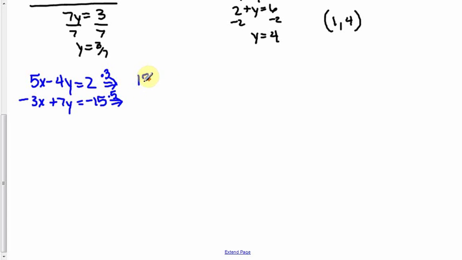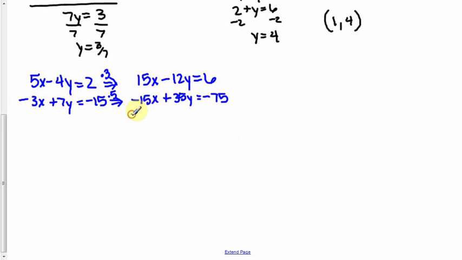So I'm going to get 15x minus 12y equals 6, and negative 15x plus 35y equals negative 15 times 5 is 75, right?